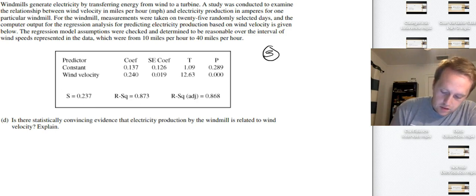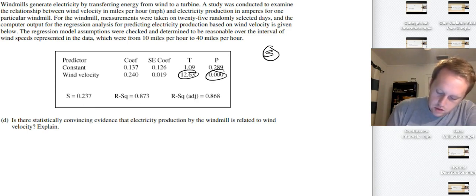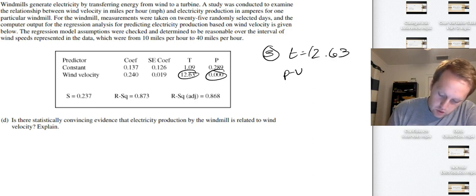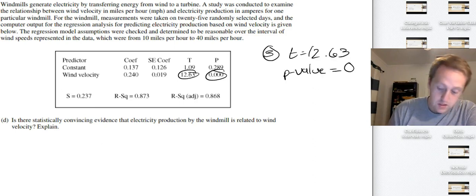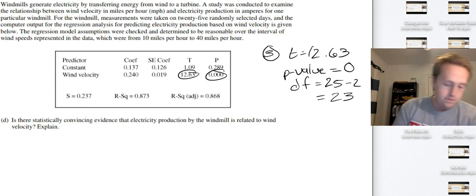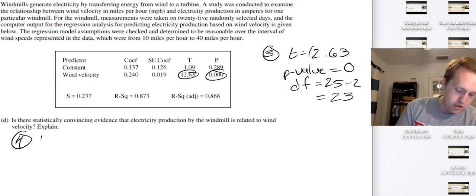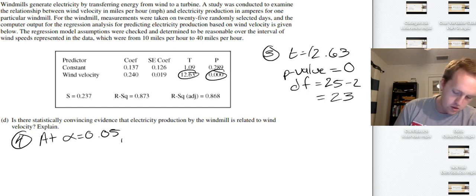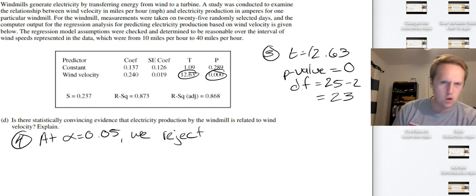They did it for me. Look, t-score, p-value. So t equals 12.63. P-value equals 0. Degrees of freedom is n minus 2, which is 23. So I can make my conclusion. At alpha equals 0.05, we reject the null hypothesis. Right? P-value of 0, we're going to reject.